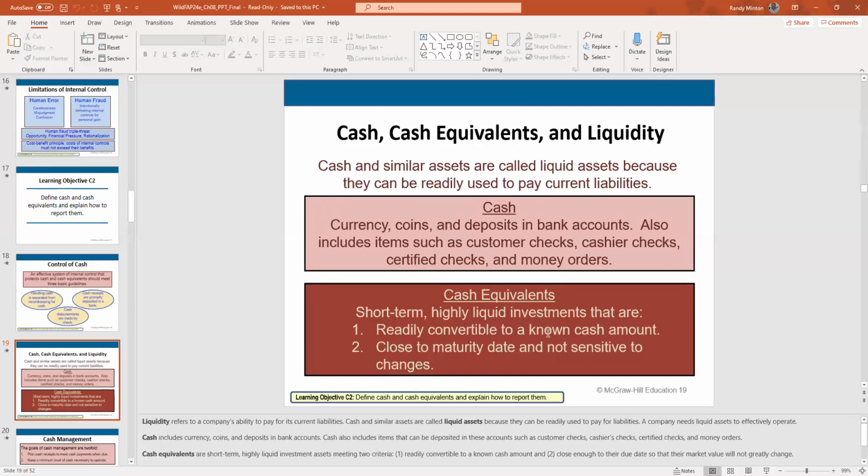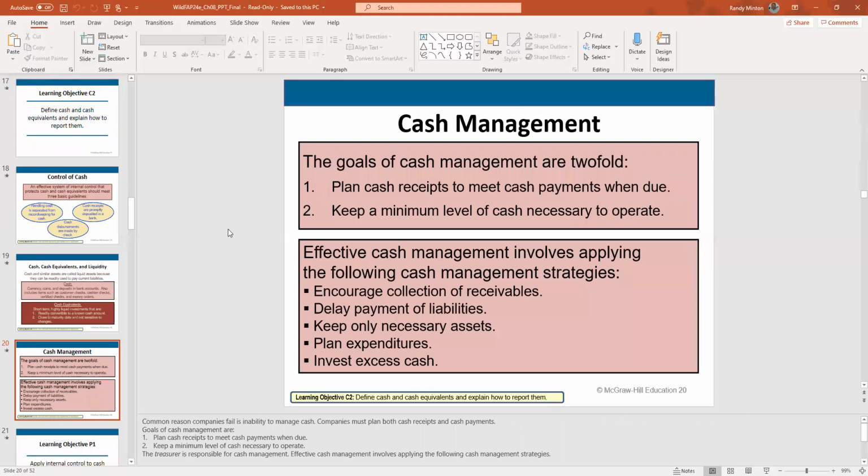What you typically see with the big corporations is any cash that they're not using on that particular day, they're going to reinvest. And sometimes they reinvest it in a T-bill. It's just a 2 or 3 day T-bill, or sometimes just an overnight instrument. But they're always going to make some money on any cash.